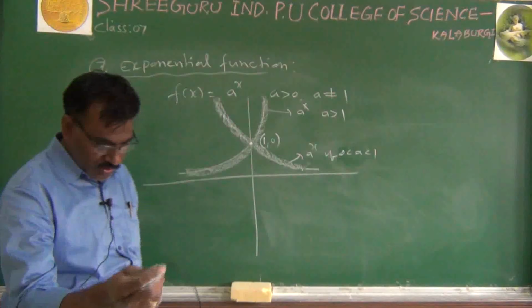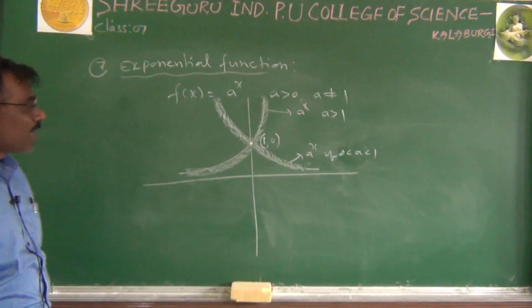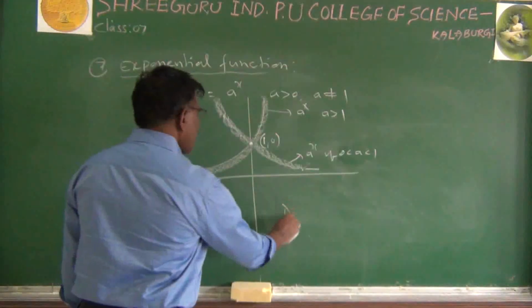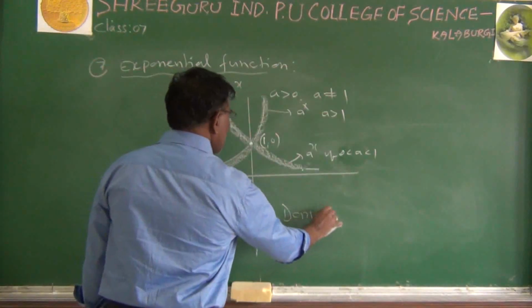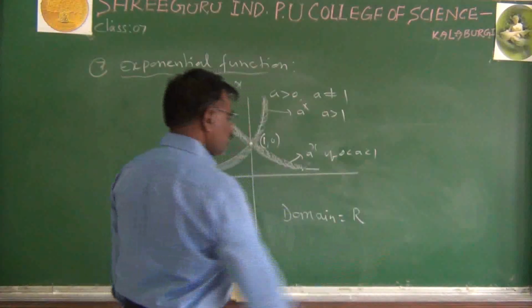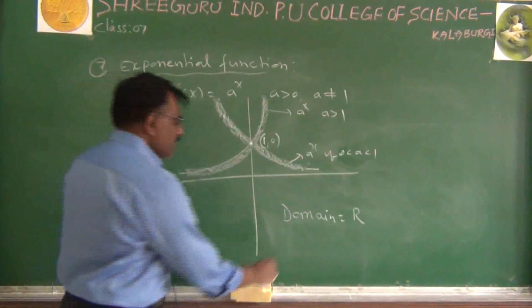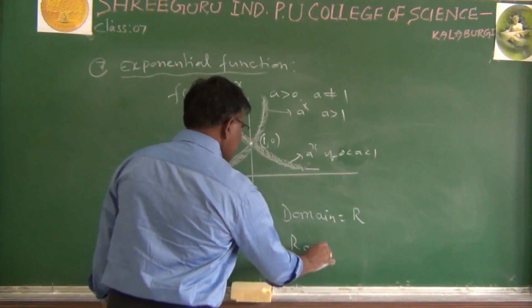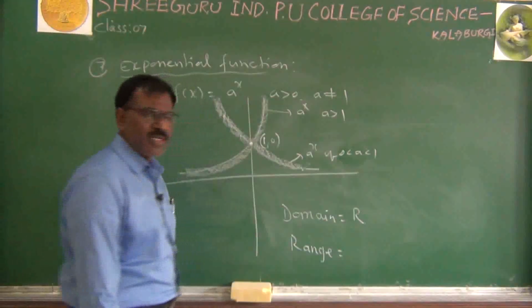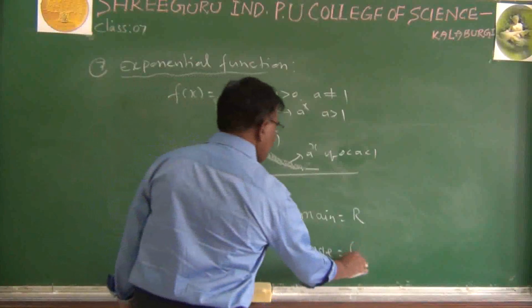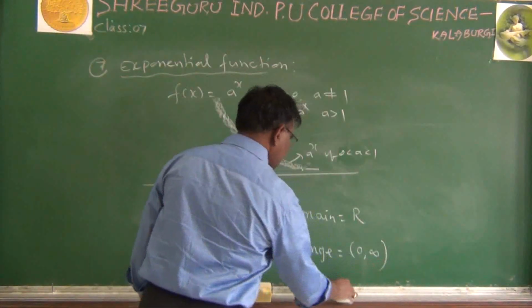In the exponential function, what is the domain? The domain is any real number. So what is the range? Anybody tell me? Yes, the range is 0 comma infinity.